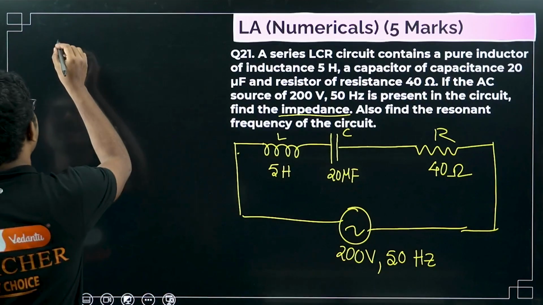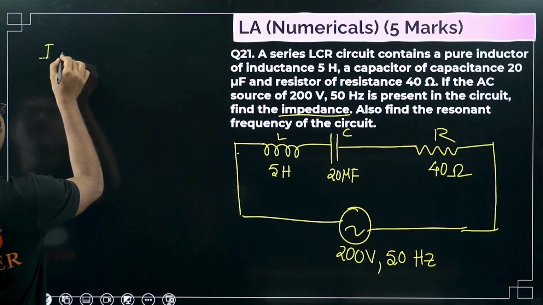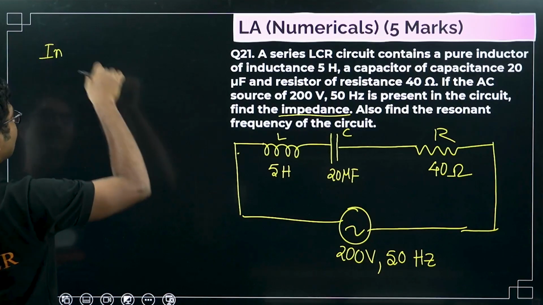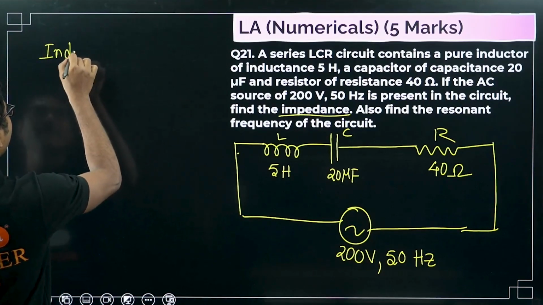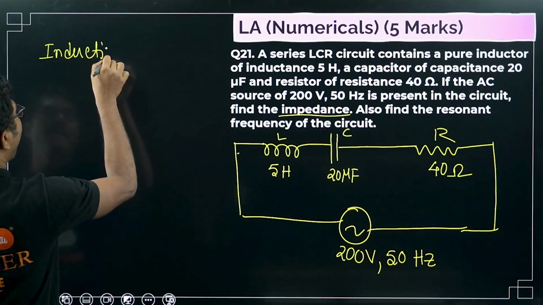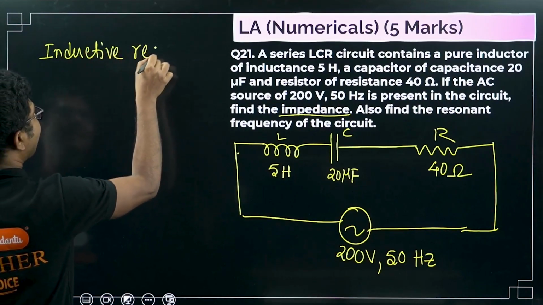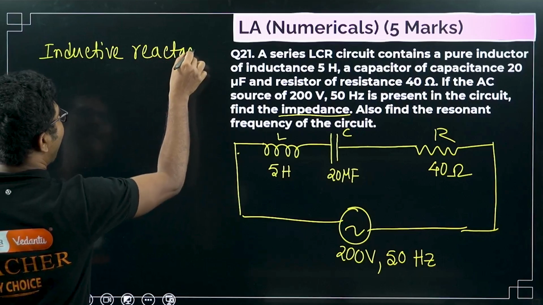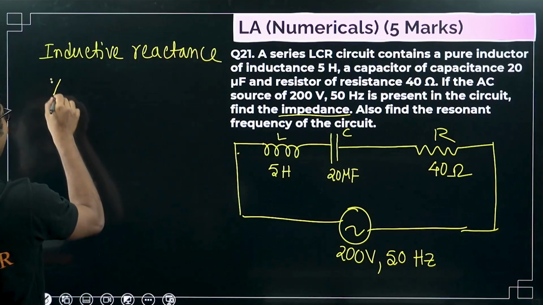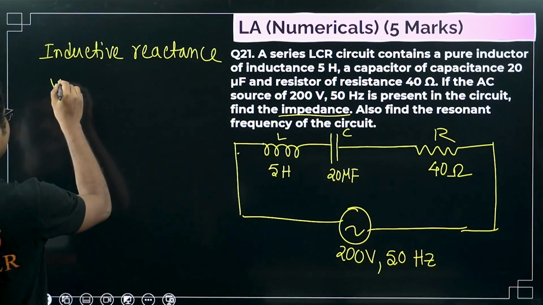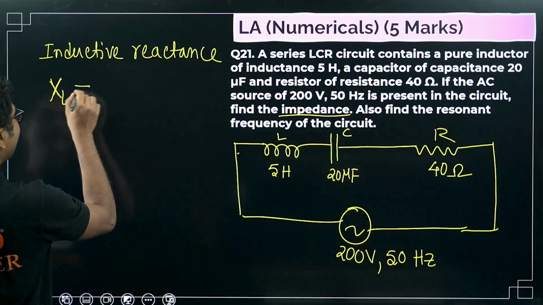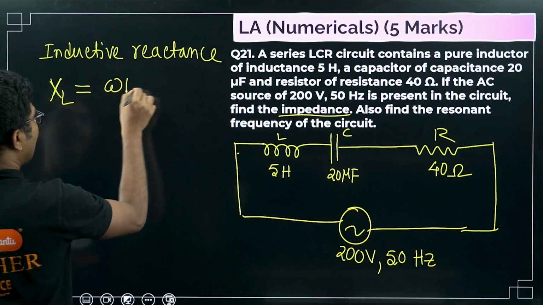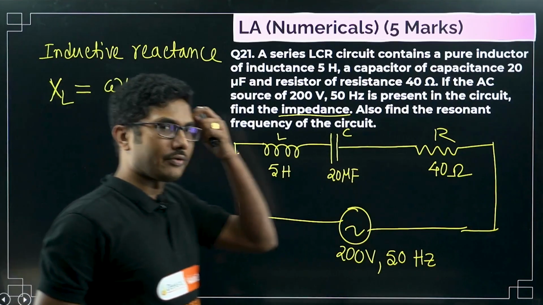Inductive reactance, since we are solving it for the first time, again I am explaining everything. Inductive reactance is basically XL, and it is given by omega L, where omega is the angular frequency.